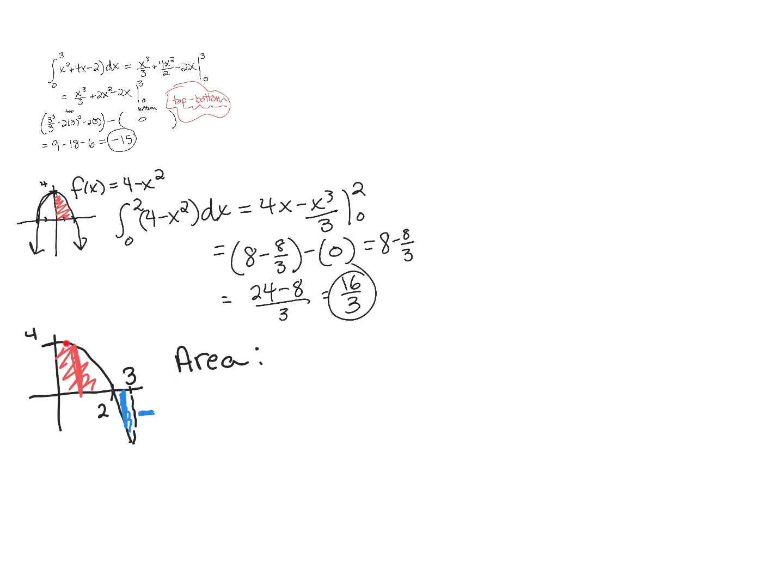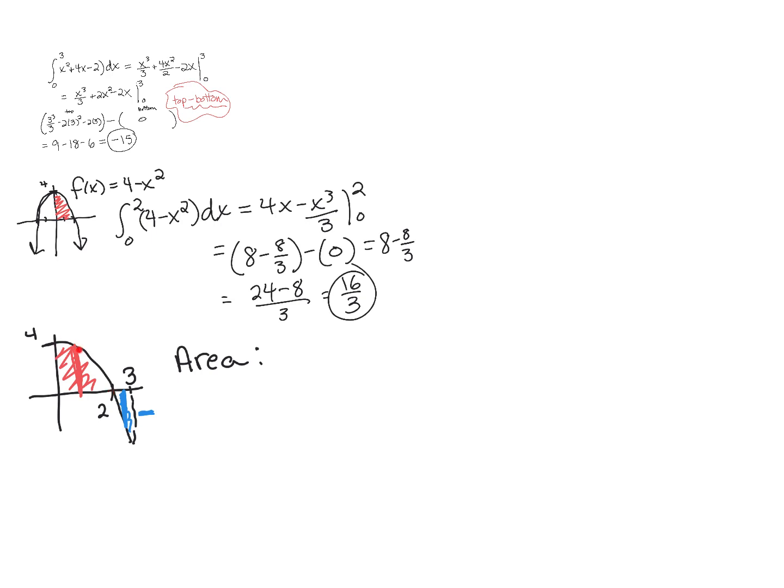The top is the curve. Now, this rectangle could be anywhere from x equals 0 all the way to x equals 2. The rectangle is moving, and the height of the rectangle is changing. It's variable, and the height of it is just the top minus the bottom. So it's going to be our function minus, what does y equal here?